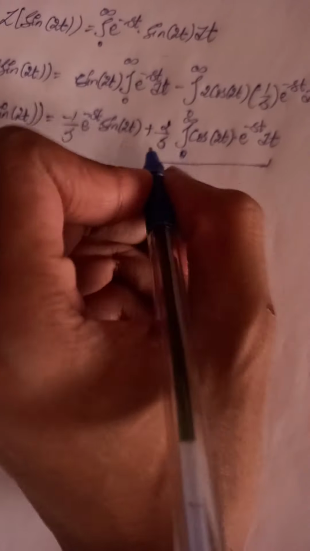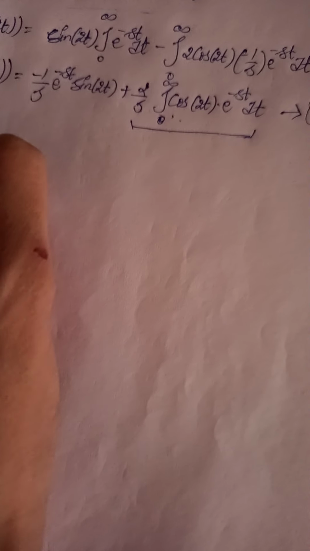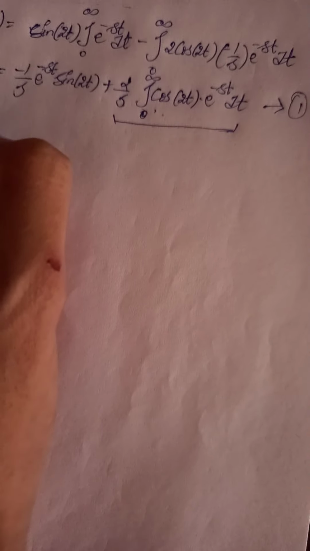So what we do is we'll consider this as equation 1 and then find the integral of this separately, which is the integral from 0 to infinity of cos 2t e power minus st dt using integration by parts.